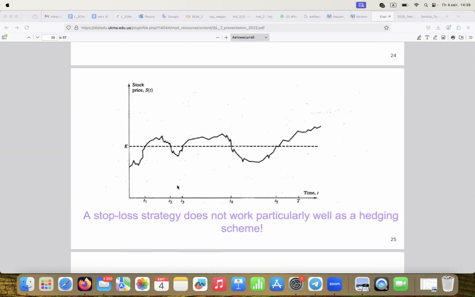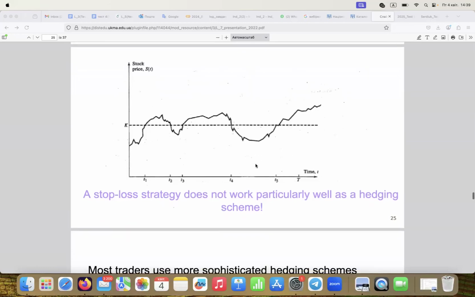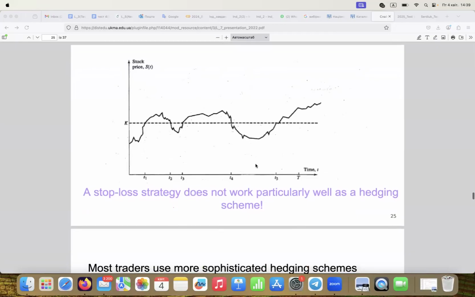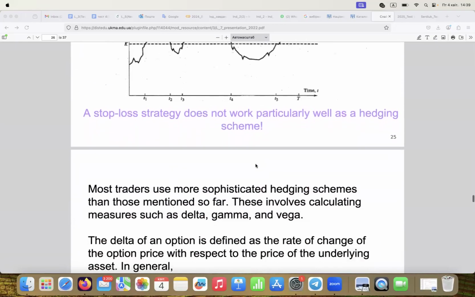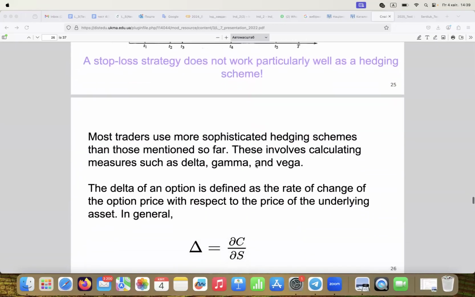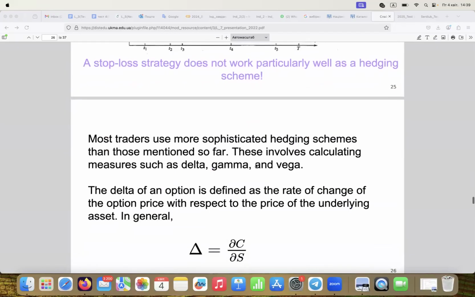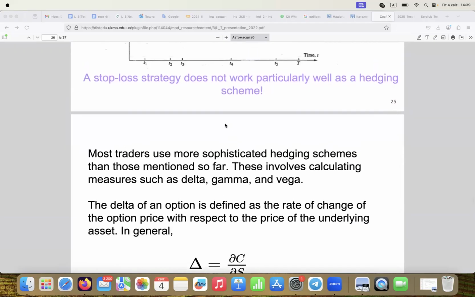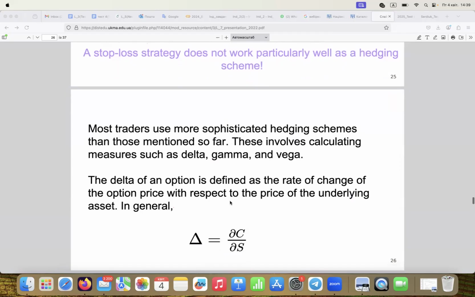In this case we don't immediately buy 100,000 stocks, but we buy and sell them according to this graph. But this strategy doesn't work well either, because it is often impossible to buy or sell very quickly, and there are some other reasons.